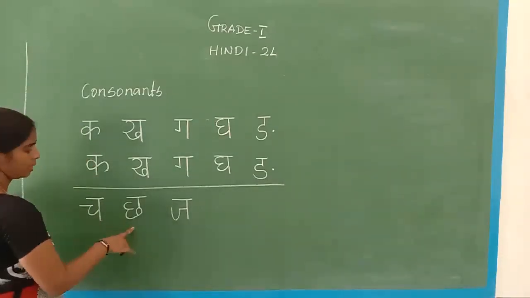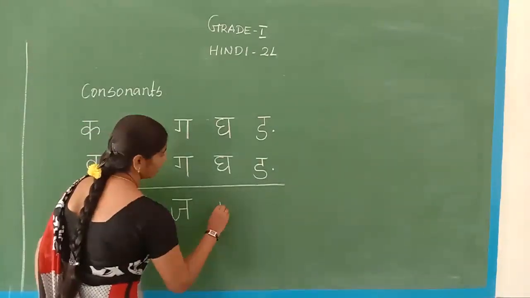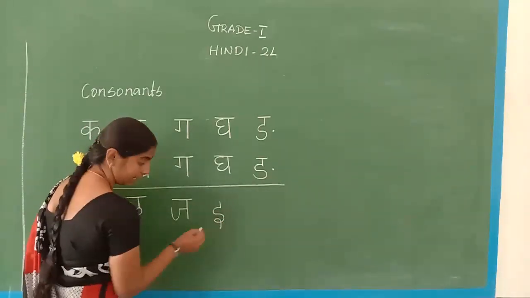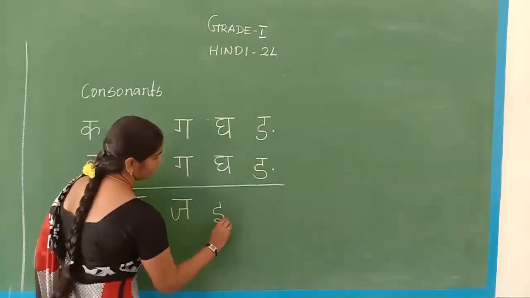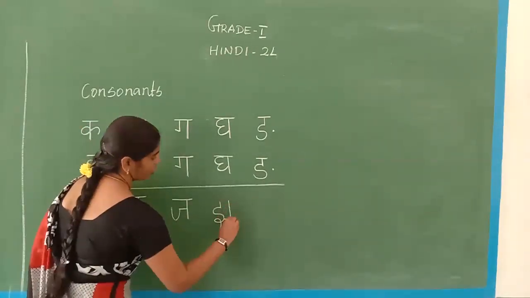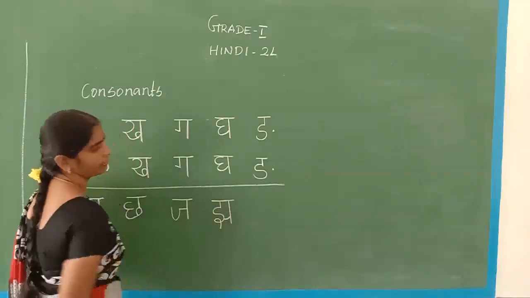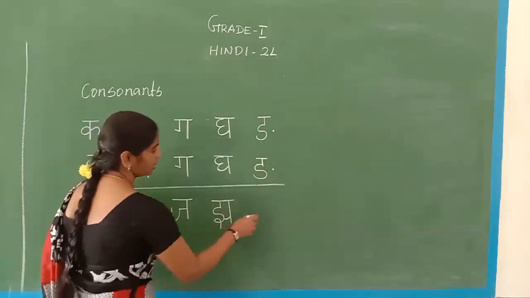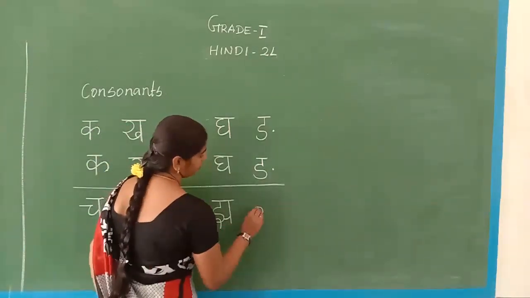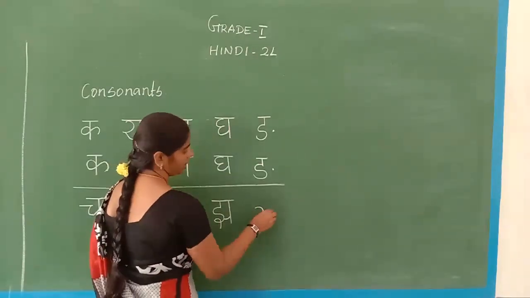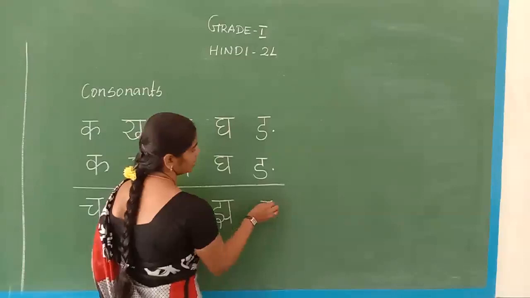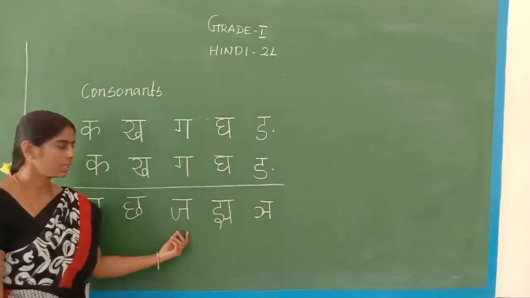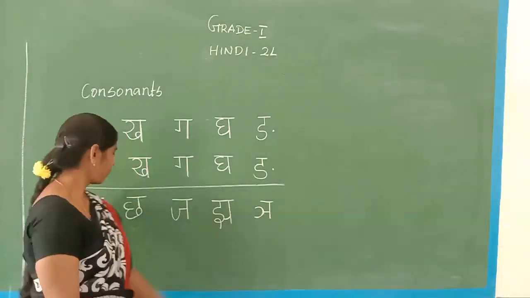Ja, and sharp line, and like this, and it has a tail. This letter has a tail, and one line joined to the standing line, and top of the line. Cha, chha, ja, jha, nya. Opposite direction of C, and one standing line, and top of the line.